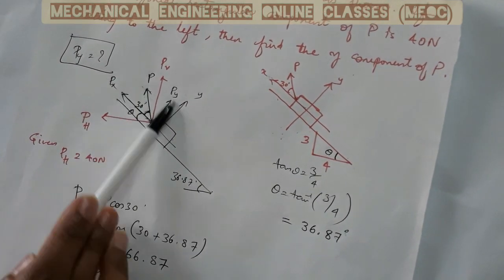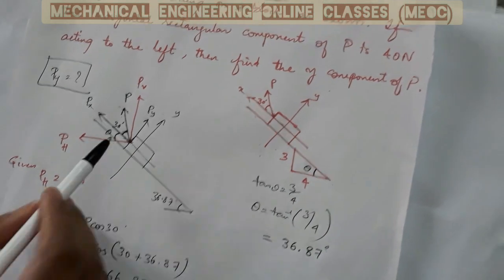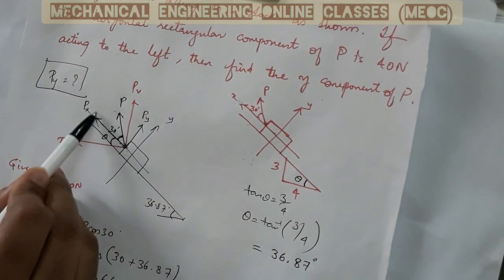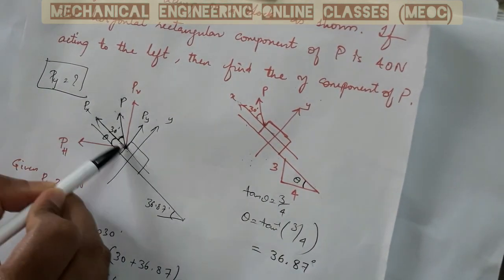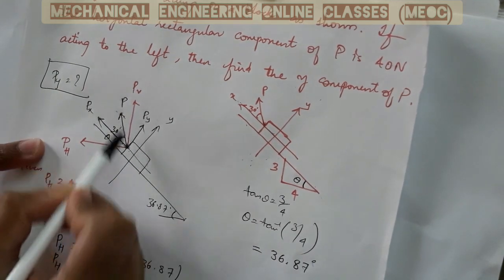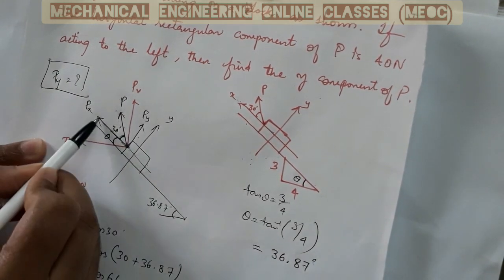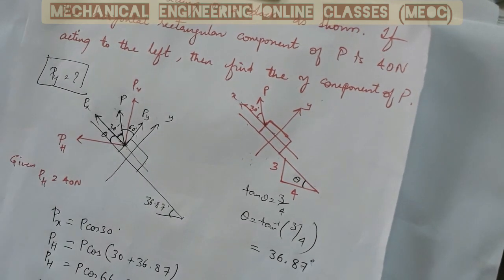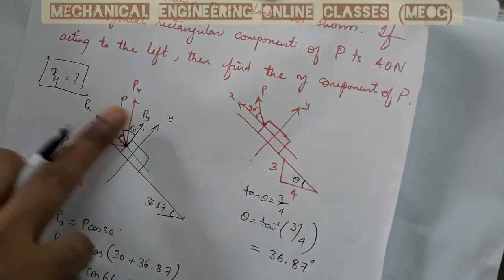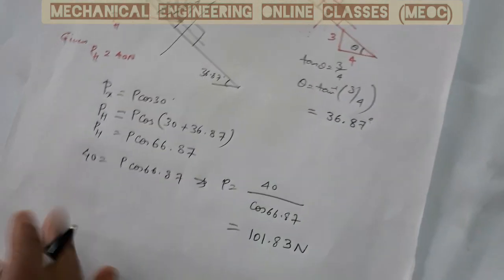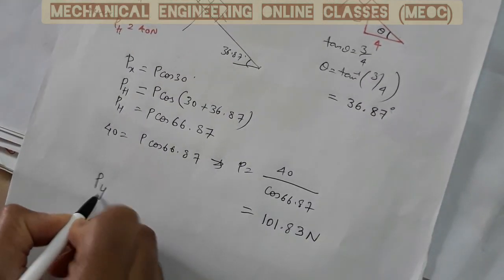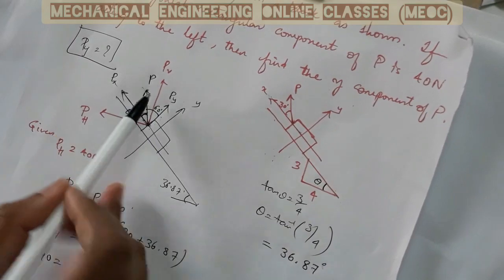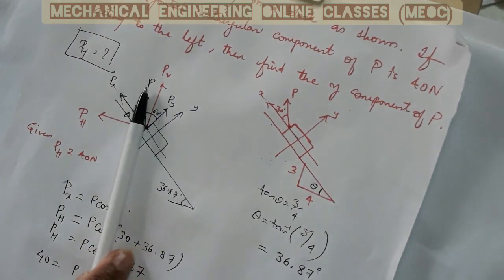Now we can find PY. What is PY? Because PX and PY are rectangular components and the angle between P and PX is 30, the angle between P and PY will be 60, because the angle between x and y is 90. So this is 60. Now I have to drop this P onto PY.